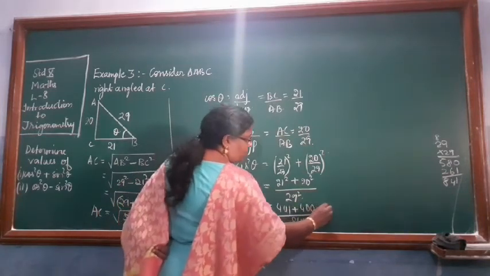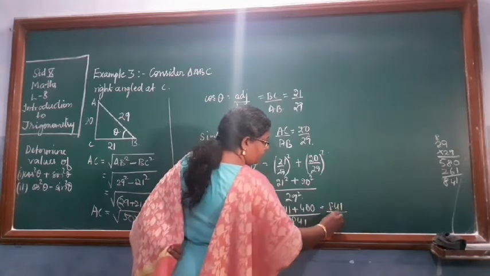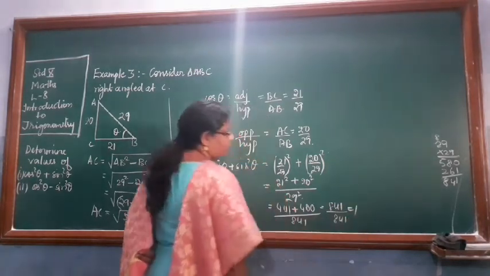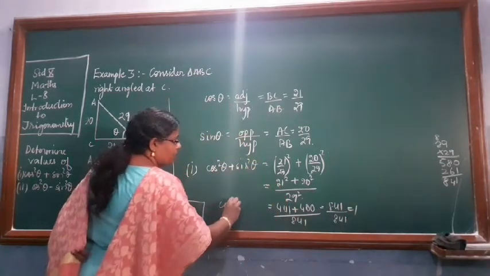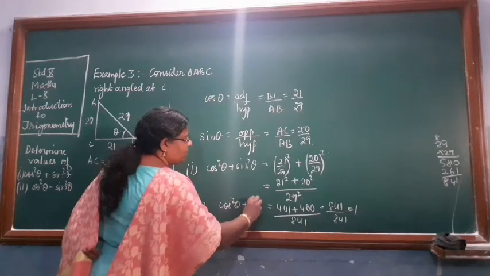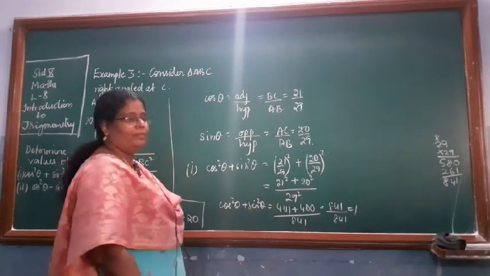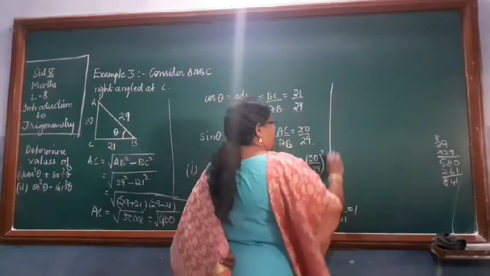The addition also gives you 841, so 841 by 841 is equal to 1. So what did you get? Your cos square theta plus sin square theta, I get it as 1. I have got my first answer.